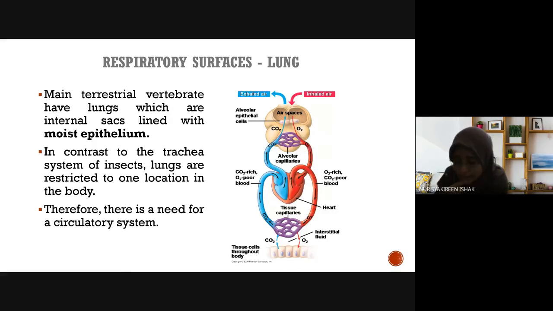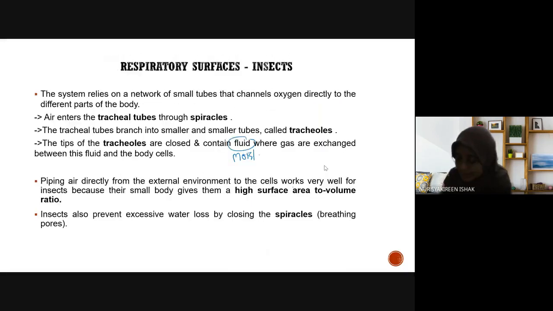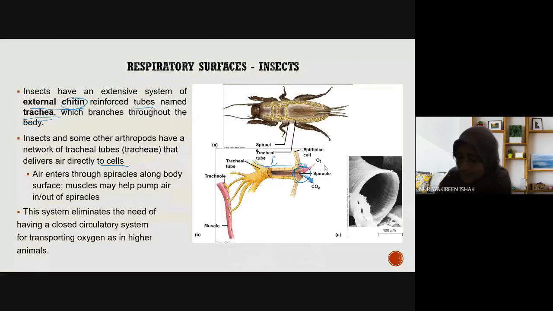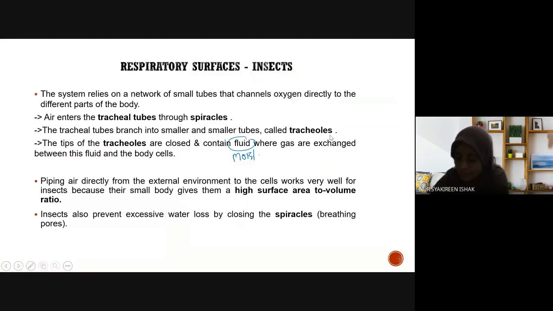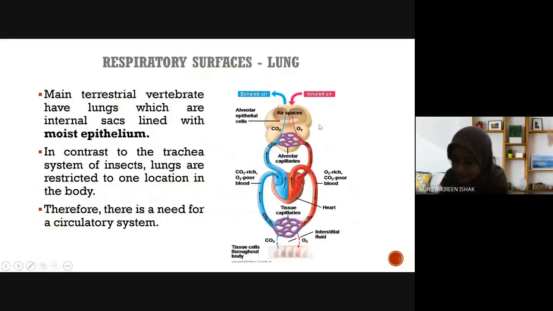In contrast to the tracheal system of insects, lungs are restricted to one location in the body. For insects, it extends throughout the body because each tracheole will terminate or supply each body cell. But for the lungs, they are inside the thoracic cavity.